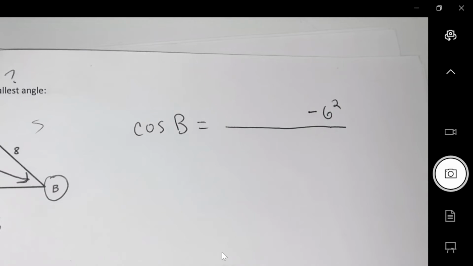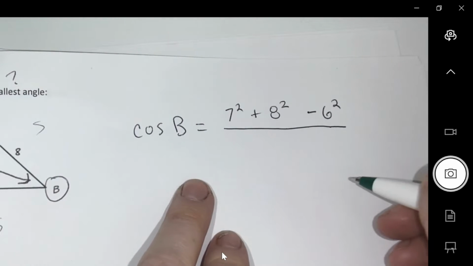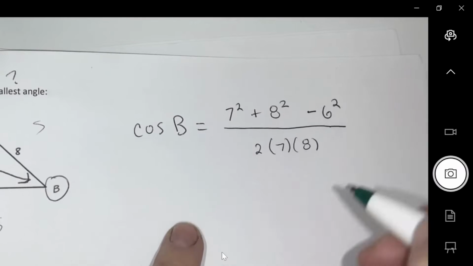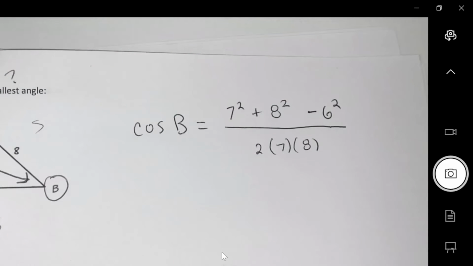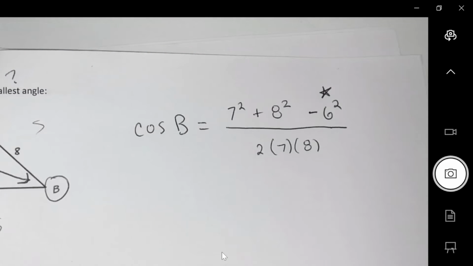I always fill that in first. Now the 7 and the 8 can go in the front. So 7 squared plus 8 squared divided by 2 times 7 times 8. On my formula, I write that one in first, just to make sure I've subtracted the opposite side.